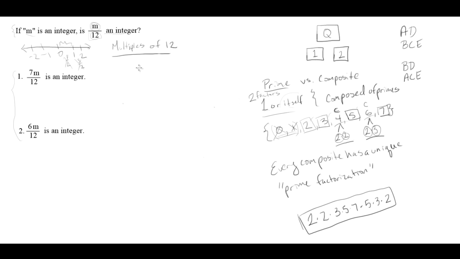So m over 12 is an integer. That means we can't have any unique primes in the bottom. So what is 12? 12 again is 2 times 6, and 6 is 2 times 3.